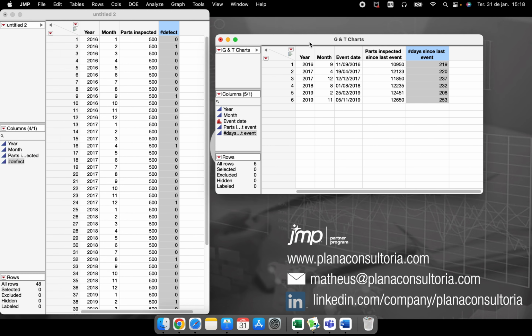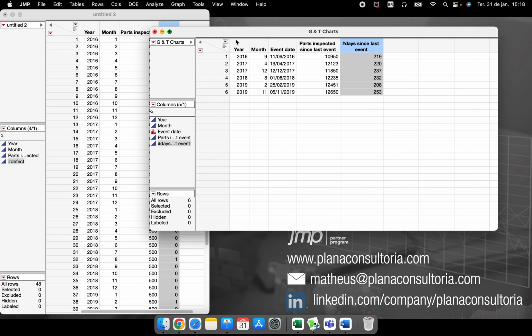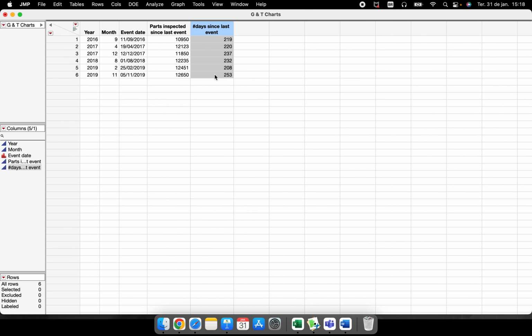You should organize your data table considering how many parts did you inspect between the events. How many days did you have between the events? So we are gonna use this little table here to talk about rare events.